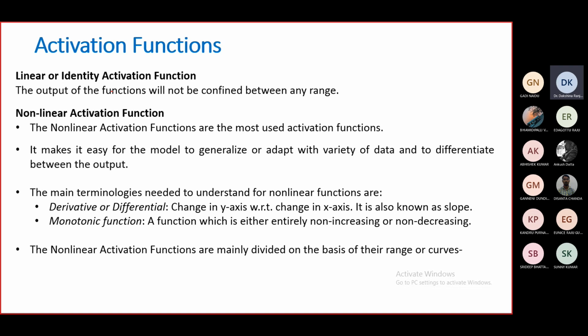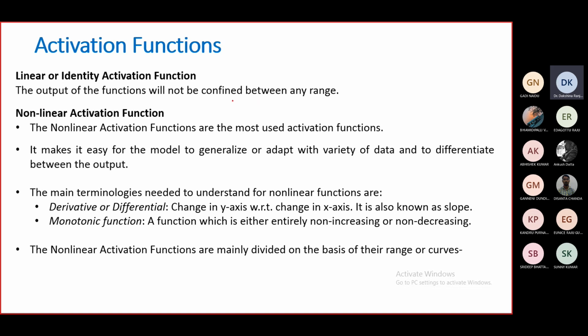Now activation functions can be divided into two different groups. The first group is called the linear or identity activation functions, and the second is the non-linear activation functions. Now what are linear activation functions? In a linear activation function, the output of the function will not be confined between any range.